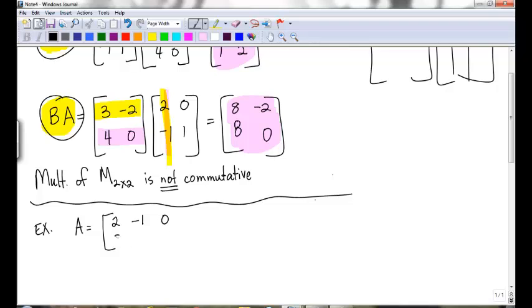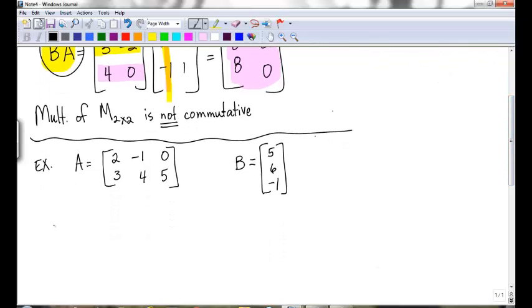Second row across is 3, 4, 5. Matrix B is a 3 by 1, 3 rows by 1 column. First row is 5. Next row is 6. The next row is negative 1.